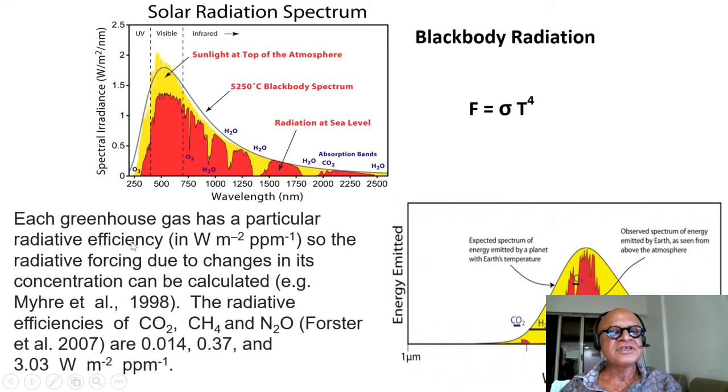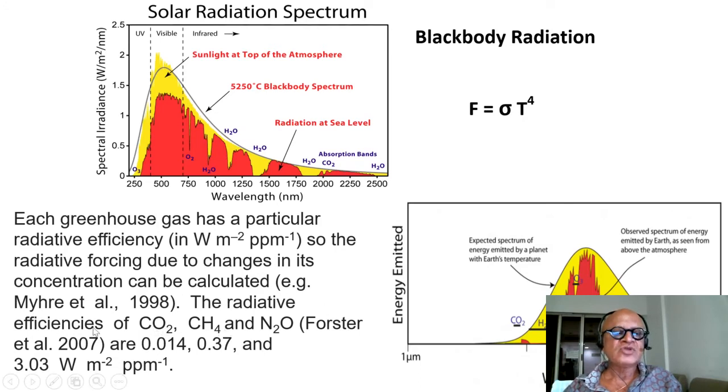So what matters here is that each greenhouse gas has a particular radiative efficiency in watts per meter squared per parts per million by volume. Obviously N2O and methane are measured in parts per billion, but you can also count them in parts per million. So the radiative forcing due to changes in their concentration can then be calculated.